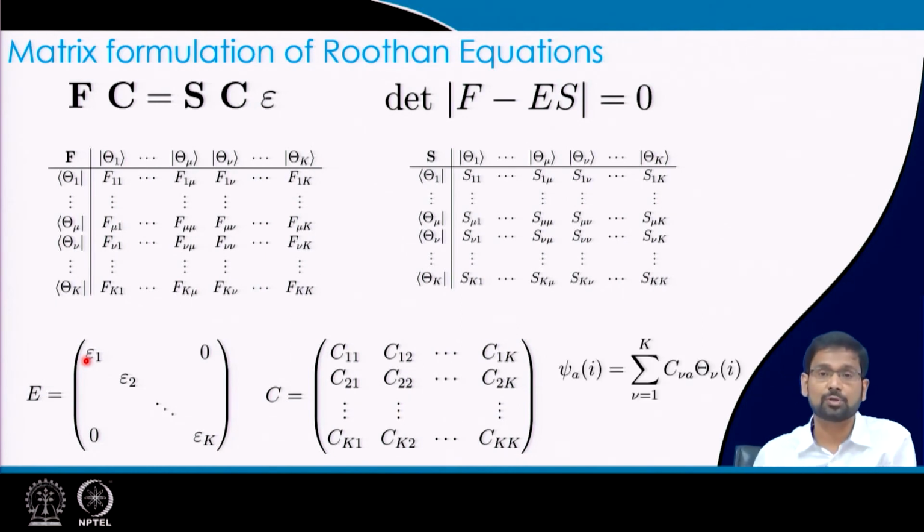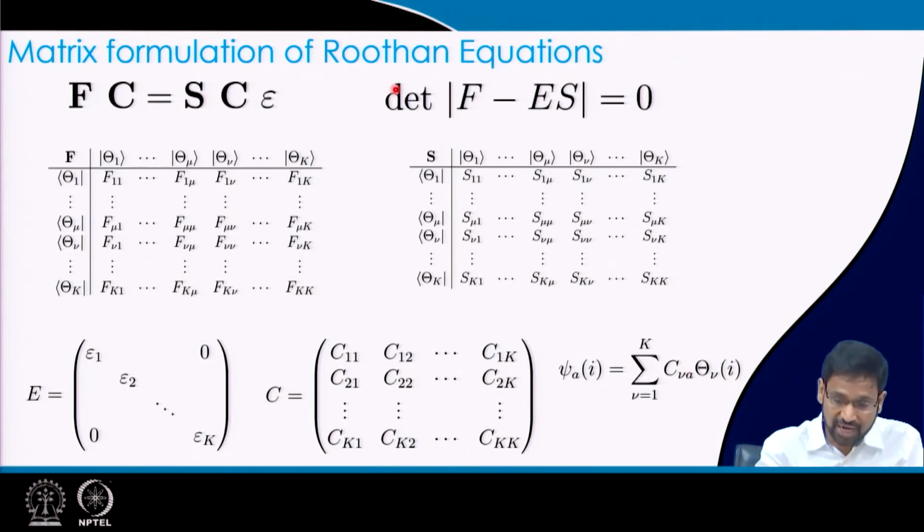They would help me in constructing the molecular orbital, because from Roothan's scheme, I am expressing my molecular orbital, which is the ultimate solution, as a linear combination of some known basis functions, where the only unknowns are these coefficients.